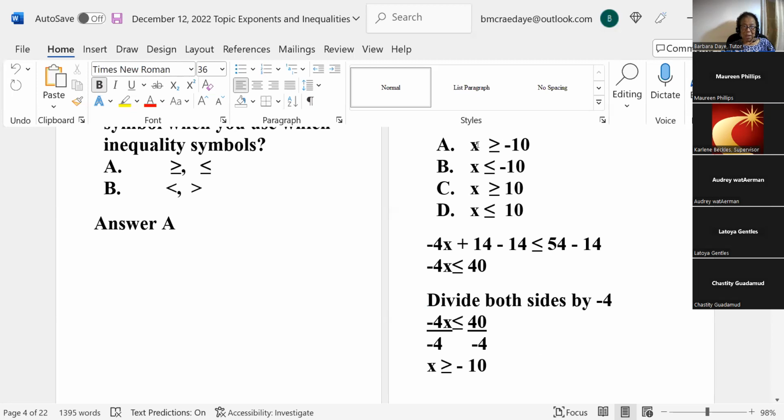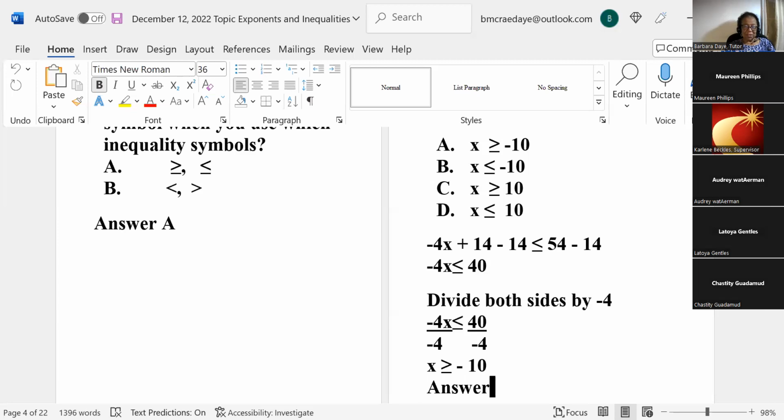Which one does it match? X greater than or equal to negative 10. Does that match A, B, C, or D? Greater than is C. I don't understand that.